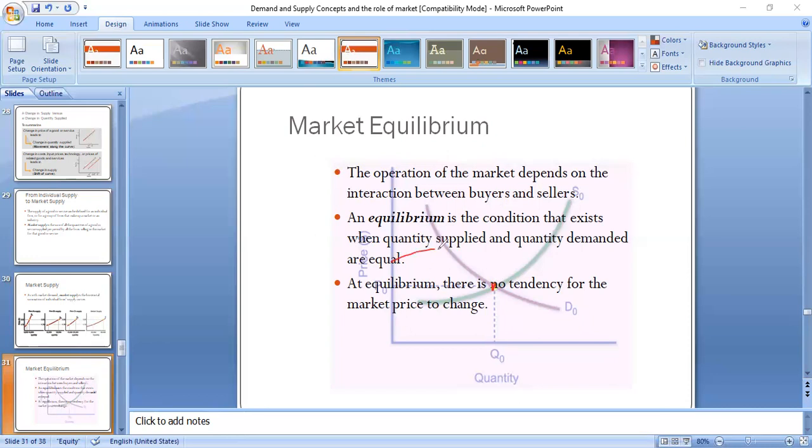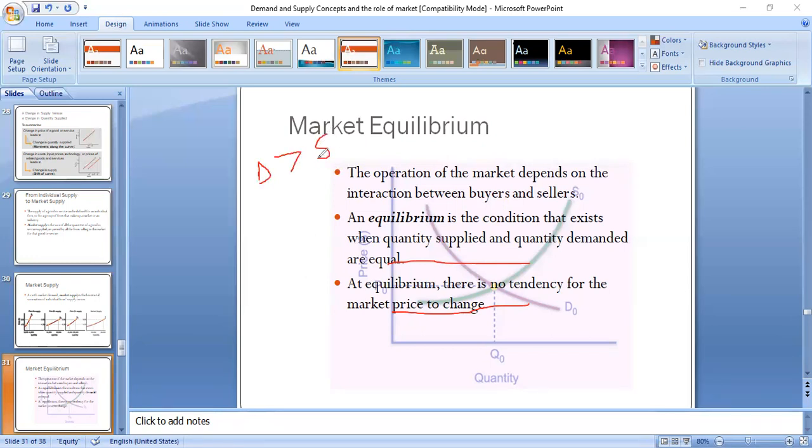and above the equilibrium, it is going to be an excess. Above the equilibrium, it is an excess, and below the equilibrium, it is a shortage. In other words, what is a shortage? A shortage is when the demand is greater than the supply.